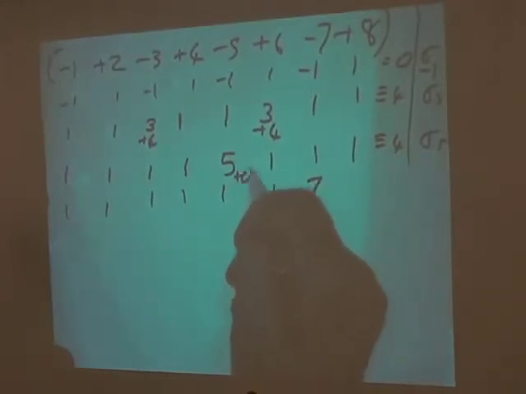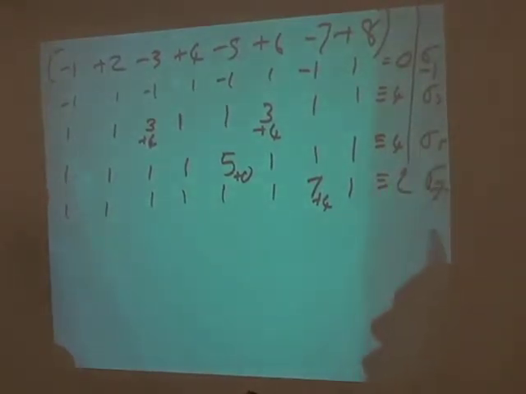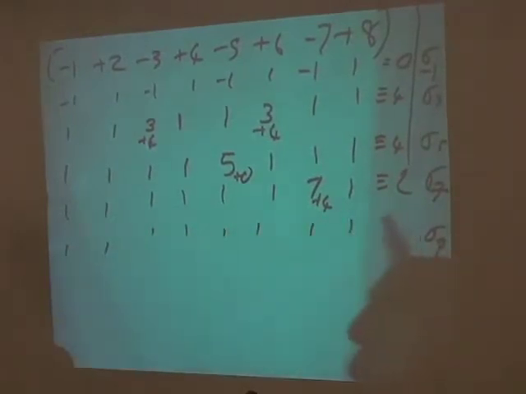This is 5 plus 0, 7 plus 4. 1, 2, 3, 4, and that 4 cancels, is 2, sigma 7. And the other sigma p are all 1, 1, 1, 1, 1, 1, 1, 1, which of course is 0 mod 8.